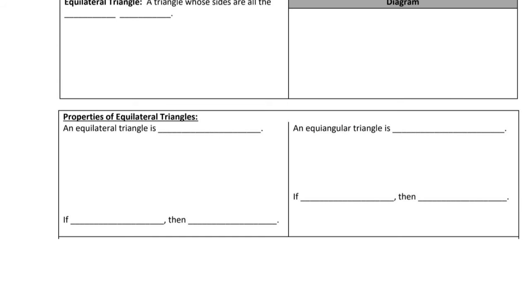All right, now we've gone through the isosceles, now we're going to go through what an equilateral triangle is. Well, an equilateral triangle kind of sounds like equal, right? All triangles whose sides are all the same length.